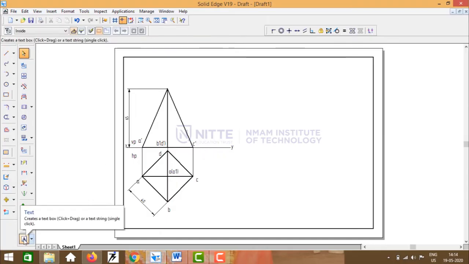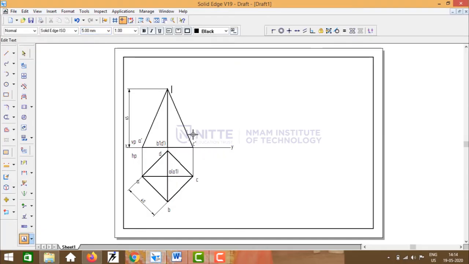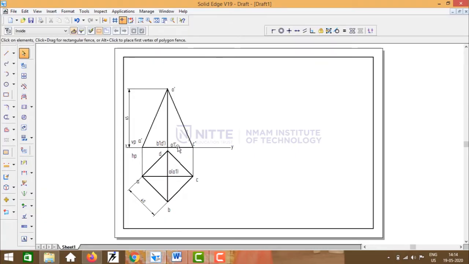C dash in the axis, O dash apex and O1 dash the base point. So this is the actual square pyramid which is given 40 millimeter base side and 65 millimeter long resting on HP, and all these edges AB, BC, CD, DA are making 45 degree with respect to VP. Okay, so this is the condition given now.